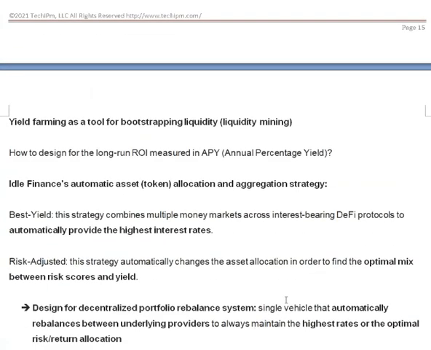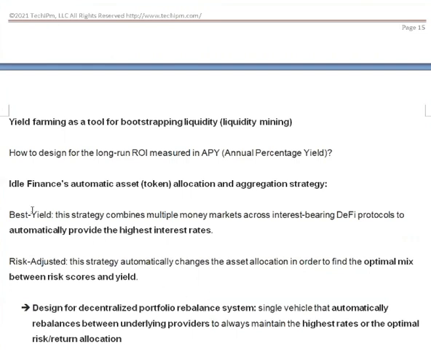And then yield farming as a tool for bootstrapping liquidity. There is a lot of information you can find by Googling this space, but what interests me most is whether this can be not just short term, but long term, a persistent operating business in the DeFi space.